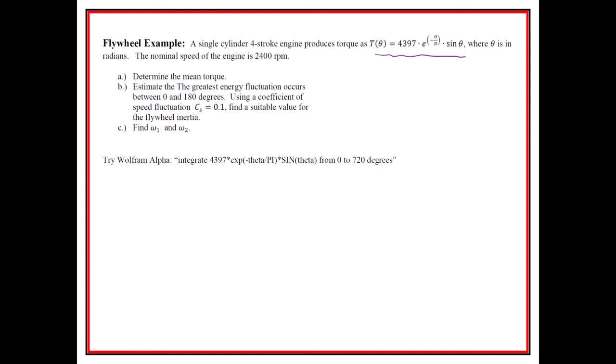Find a suitable value for the flywheel inertia. And then we want to find what omega 1 and omega 2 are. I think by that, we mean the maximum and the minimum, but let me double check what I mean.